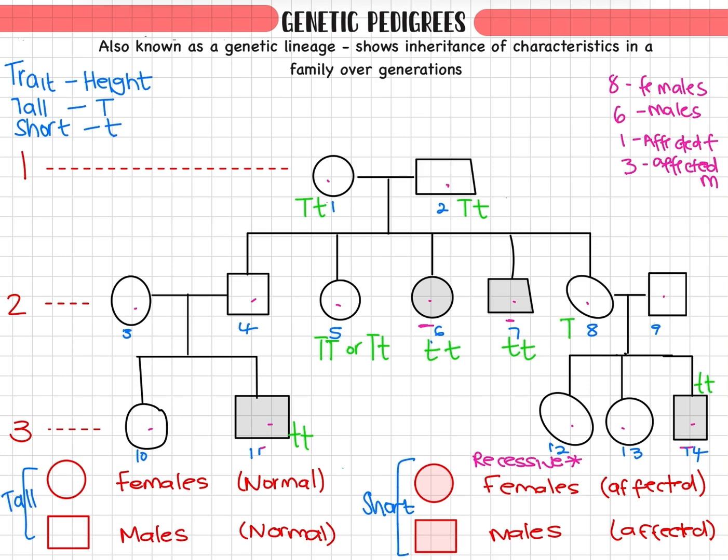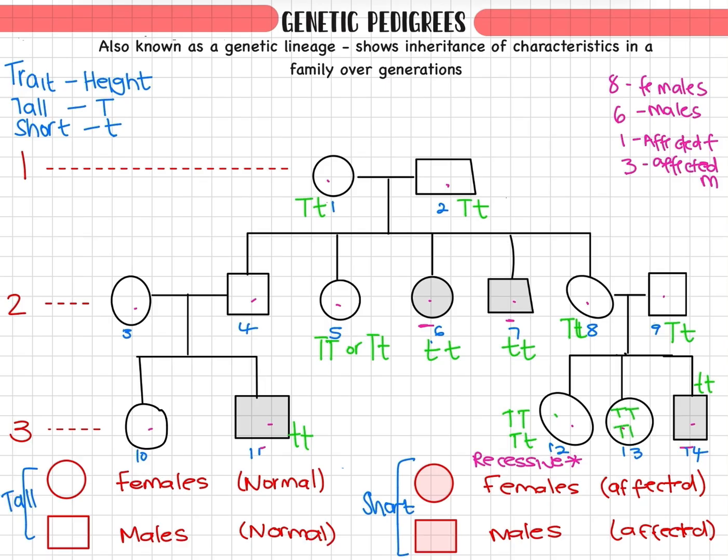Then number 8 and number 9 should also be heterozygous since they have a child, number 14, who has the recessive allele.